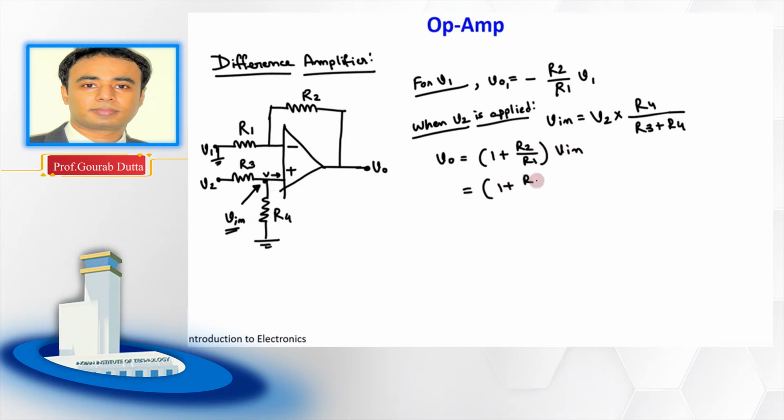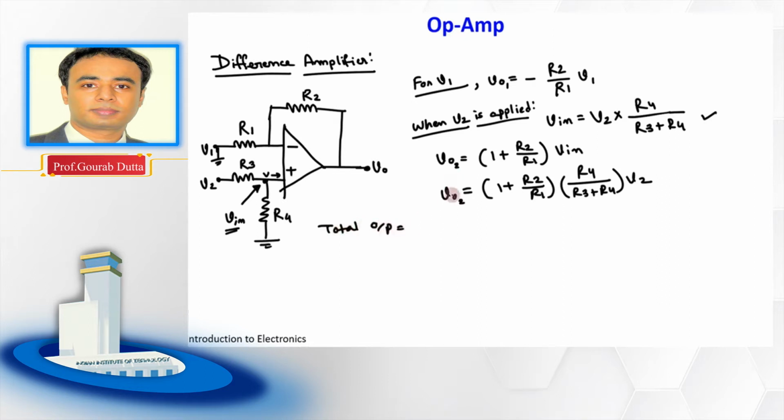So then let me write it, this R2 and R1. What is V in? V in is nothing but this one, right? So maybe we can write this one before, into V2, right? So this is the output voltage when this V2 is applied. So let us also point it out by V naught 2, right? Output voltage for this input voltage V2. Okay. Then what is the total output?